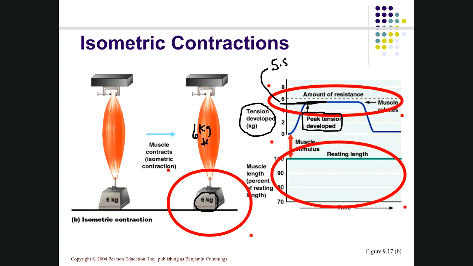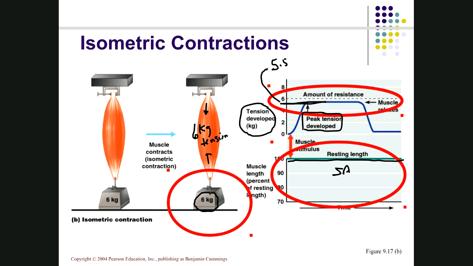Not 5.5, not 5.6, not 5.7. And if I don't produce that much tension, this cannot be lifted. And so even though this muscle is contracting like crazy, this is not going to be lifted. This muscle cannot get any shorter, and so the length of the muscle stays exactly the same.